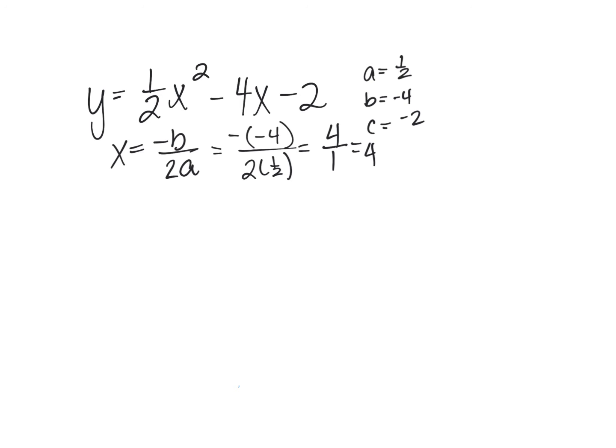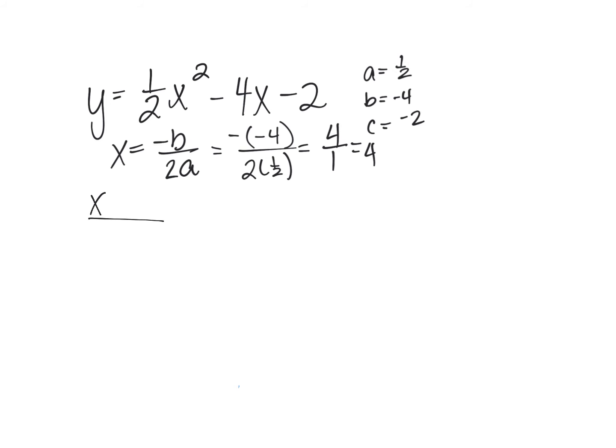Is that where we're confused? Right here, B is negative 4. So negative 4 becomes positive. 2 times A, this is A. So 2 times 1/2 is 1, and 4 divided by 1 is 4.